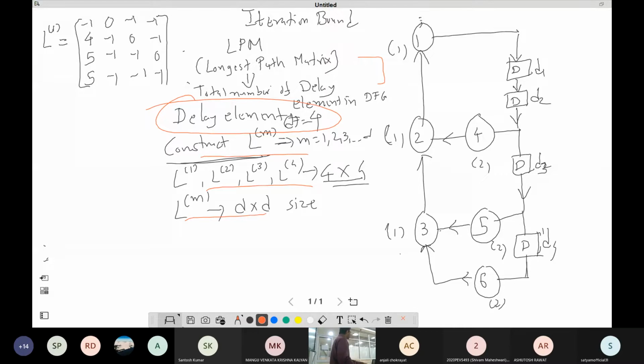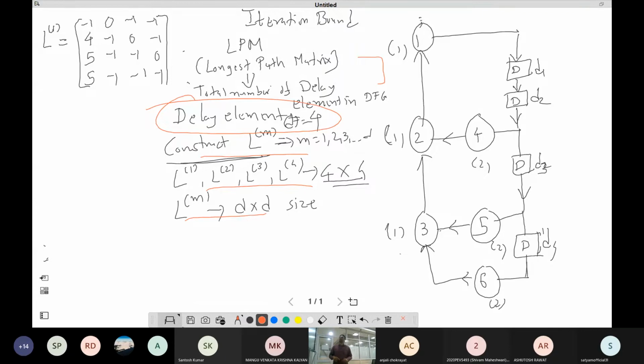Maybe you have 100 nodes, but for those nodes the delay elements may be 4 or 5. Then the complexity is not difficult. That means the complexity is only of the order of 5, not of the order of 100, which is the number of nodes.